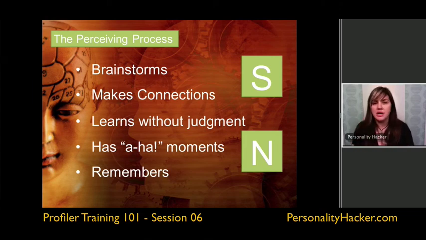Now, I haven't talked about this before, but we'll address it right now. Why is intuition indicated by an N instead of an I? Well, it's because the letter I was already taken up with the word introvert. So if you had two I's, if you're an introvert and an intuitive, it would be IITJ or IIFJ, and that would be difficult to manage.